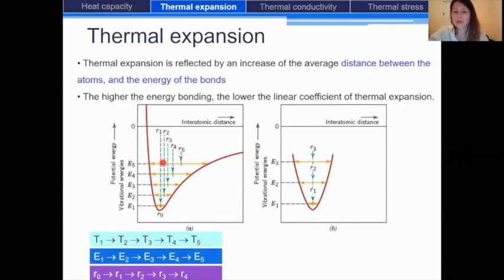So if we take the example of this figure on the right of the slide, we can see that even if we increase the temperature of the material, if we heat it, the vibrational energy will increase, but the interatomic distance won't change, since it is due to the shape of this potential well.